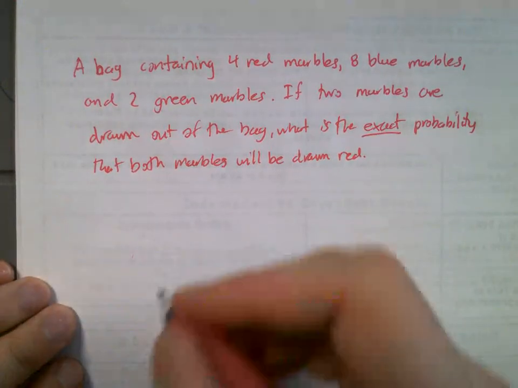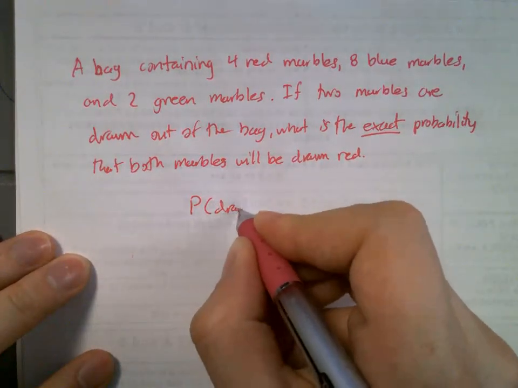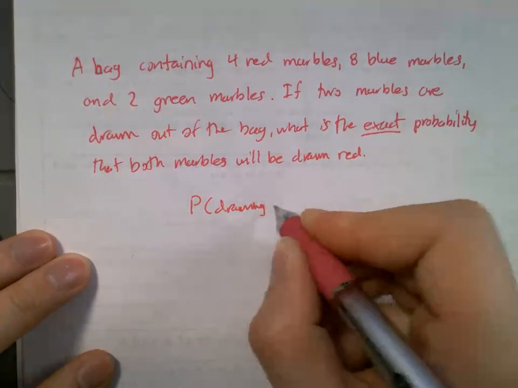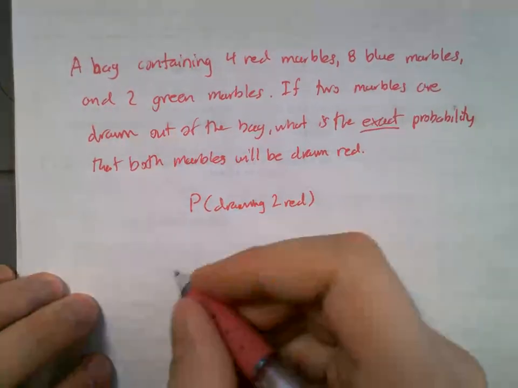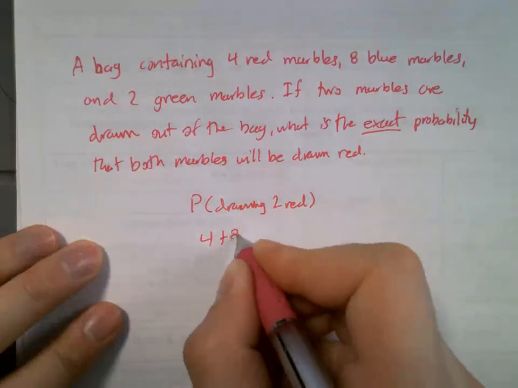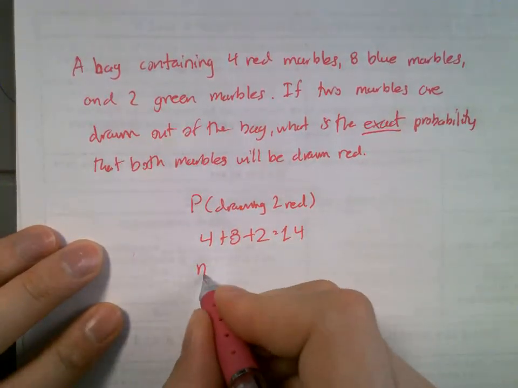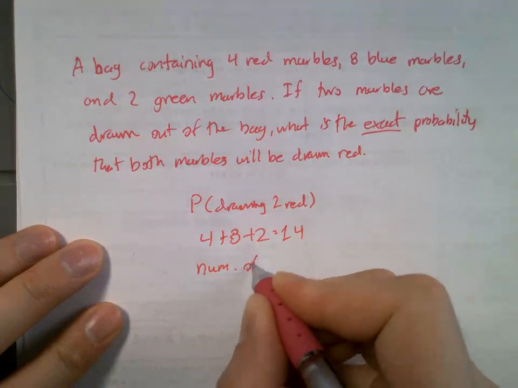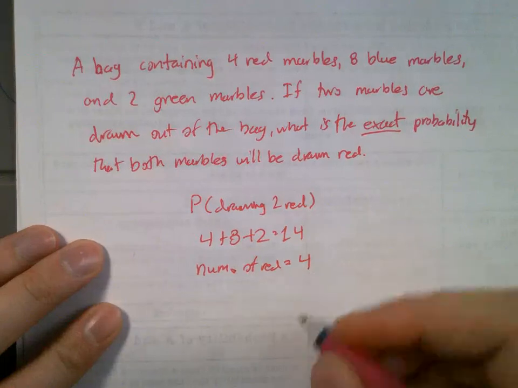So, the probability of drawing 2 red, that's basically what we're talking about. Their total marble count is 4 plus 8 plus 2, which gives me 14. The number of red marbles, or num dot for short, is 4.